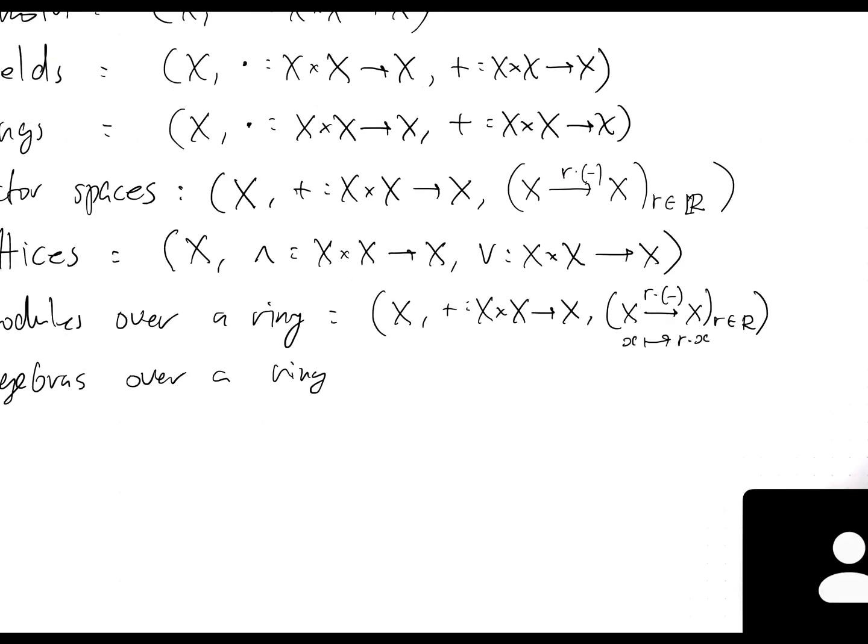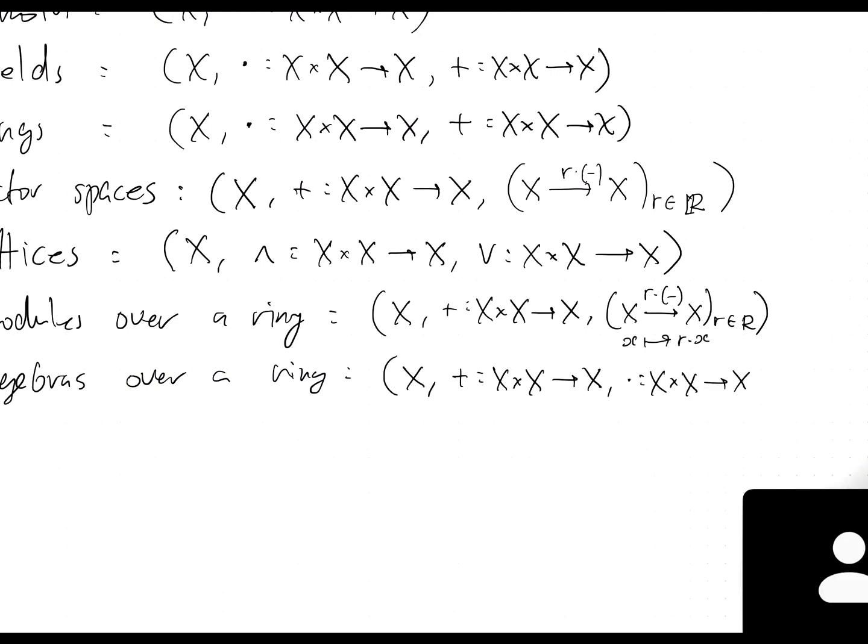In an algebra over a ring, and many of you might not know what an algebra over a ring is, but it doesn't matter for now, we're not going to go deep into that. Just to show the structure for those of you who know what an algebra is, it has a binary operation of plus, and it also has a binary operation of multiplication, in addition to being a module.